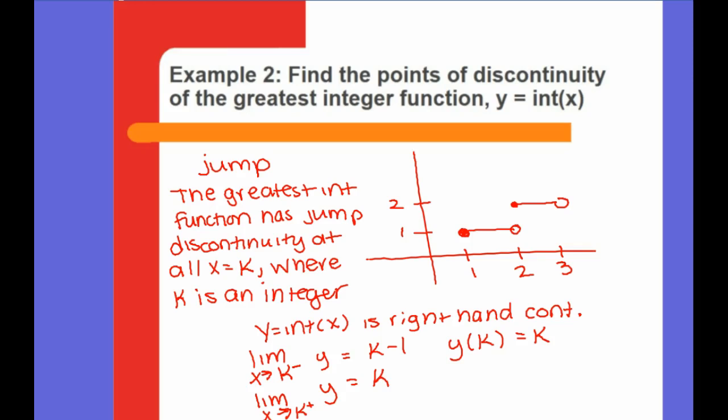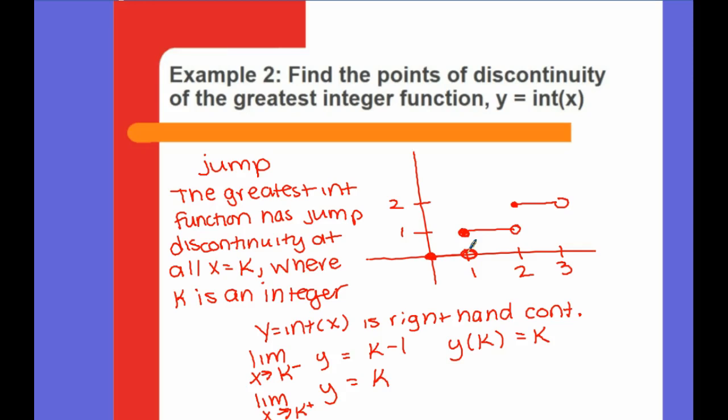So finding the points of discontinuity for the greatest integer function, you don't have to resketch it. It's on the front side, but if you want to see it sketched again, remember it goes from closed to open, closed to open. So you'd have closed here, all the way to open there. This is an example of jump discontinuity because the greatest integer function has jump discontinuity at all integer values.